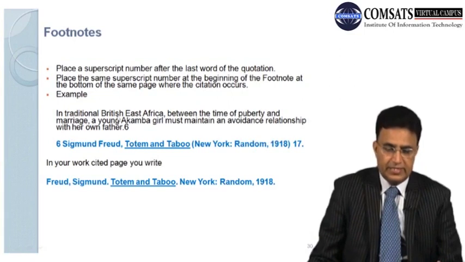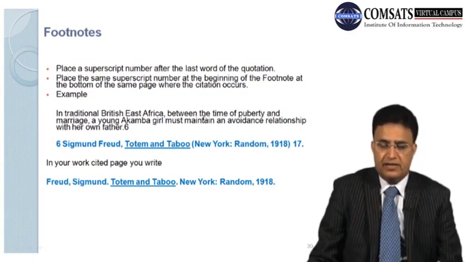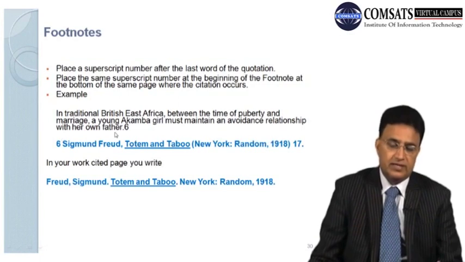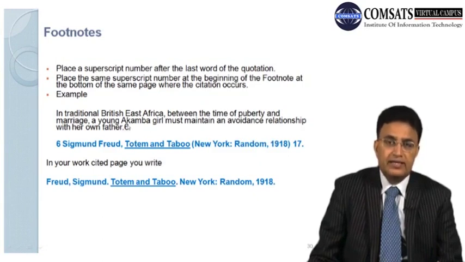Example: in traditional British East Africa, between the time of puberty and marriage, a young Akamba girl must maintain an avoidance relationship with her own father. And you see there a superscript number 6. So if this is a quotation, you put a number at the end of this one, and this would also come number 6, and you give the full reference.